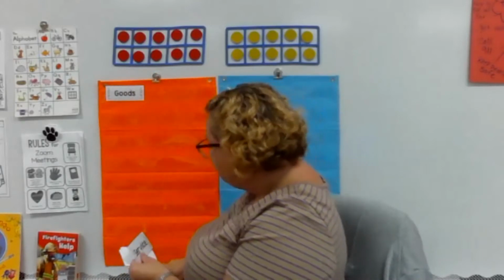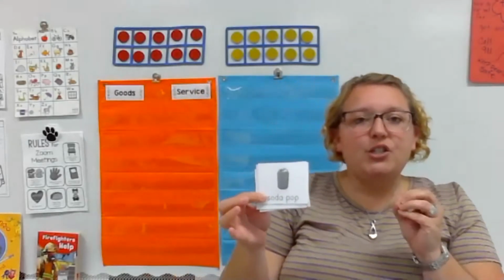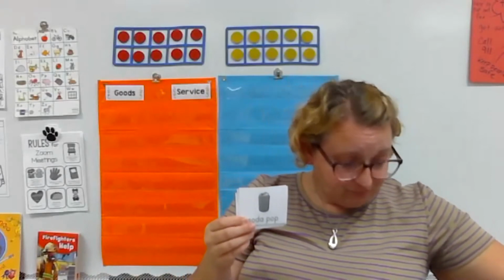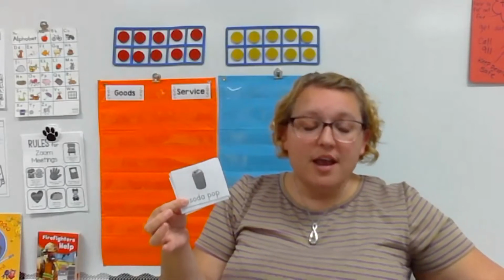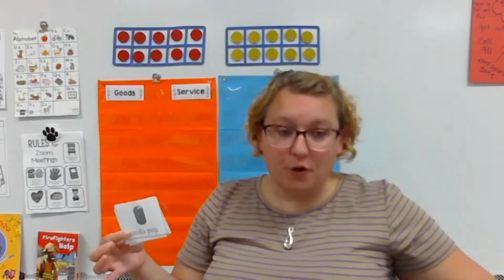And on the other side, we will put the word services. And I have some pictures. And we're going to use our pictures to figure out if it is a good or if it is a service, okay? So remember, a good is an object that you buy to keep or use, and a service is a job that you pay someone else to do for you, okay?